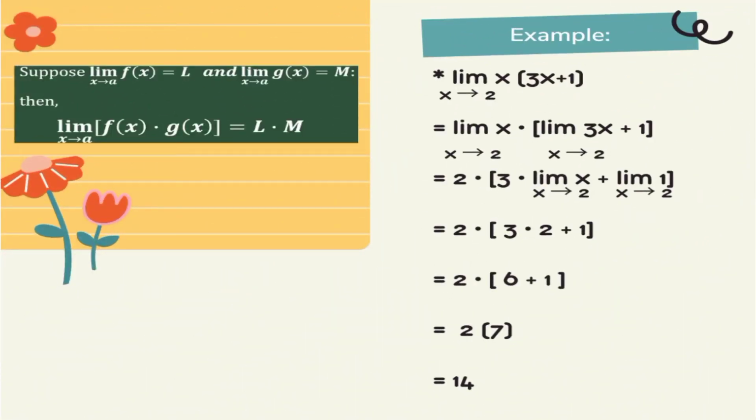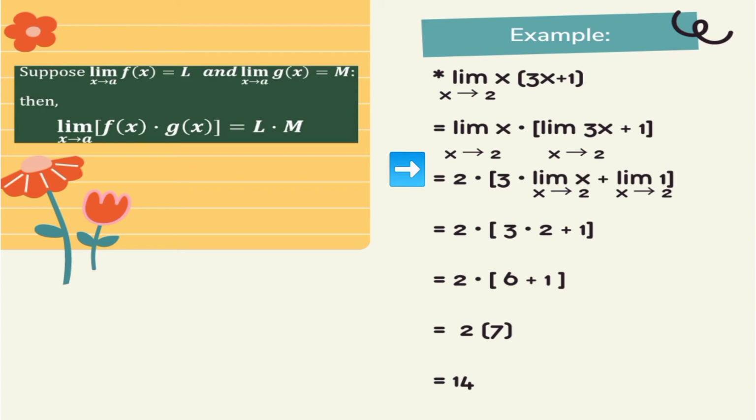For our example, we have the limit of x times the quantity 3x plus 1 as x approaches 2. So, applying theorem number 5, that would be the limit of x as x approaches 2 times the limit of 3x plus 1 as x approaches 2. In this part, we are going to apply theorem number 2, so we are going to get the value of where the x approaches, and that would be 2.